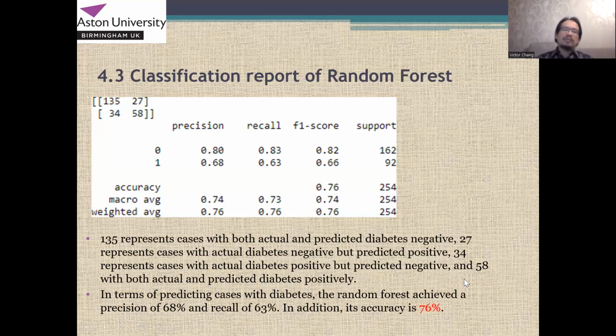So it means that we have good accuracy in terms of the 135. The actual result means that they don't have diabetes, and we predicted that. And we predicted 58 of them, yes, they do have diabetes.